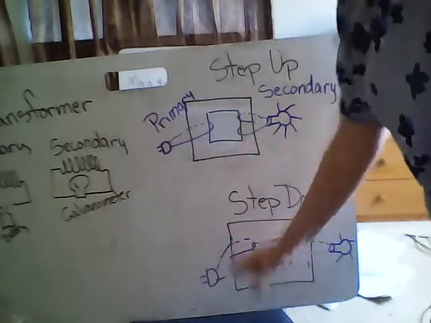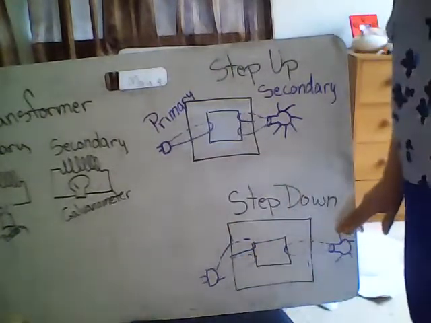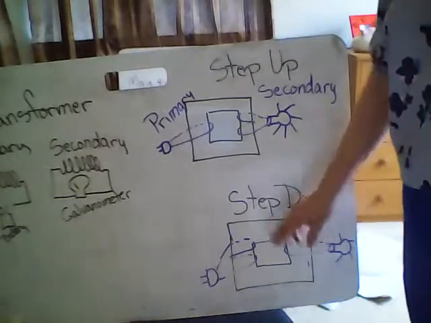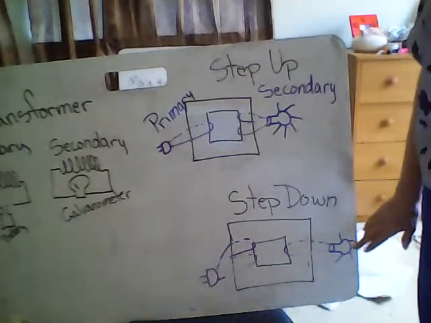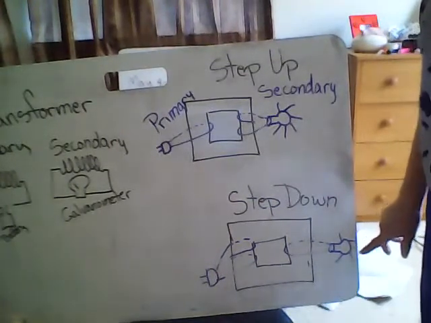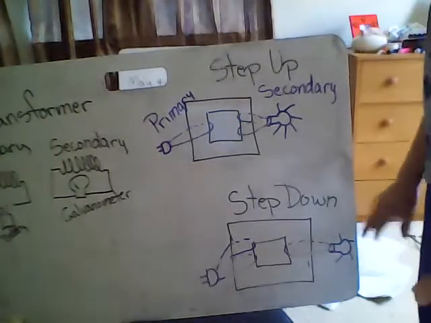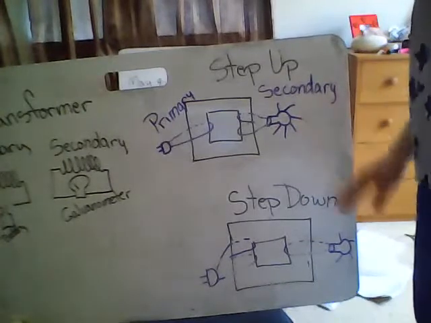This is our primary on this side, and we're ending up with one coil of wire. Do you see that we're stepping the voltage down? So this light bulb that I have here only has 4 beams of light coming out from it, indicating that it's dimmer than this one that has 6. All right.